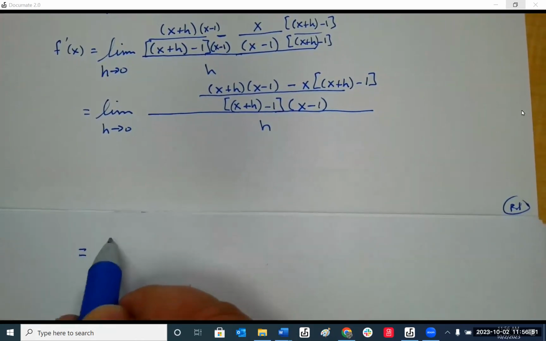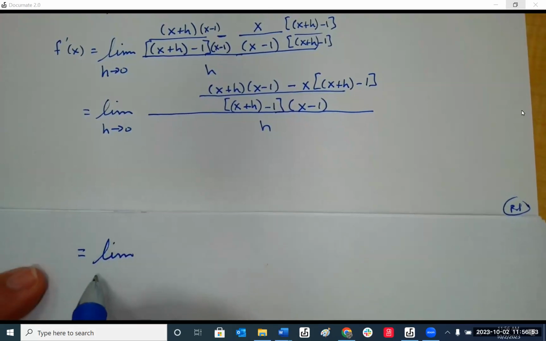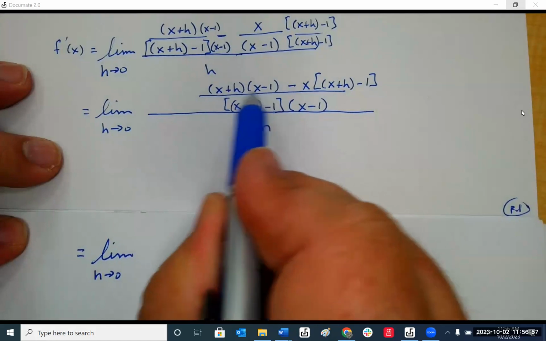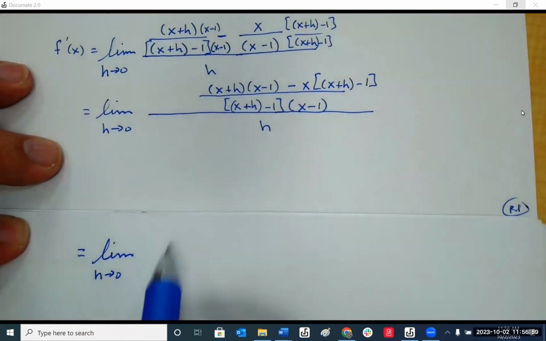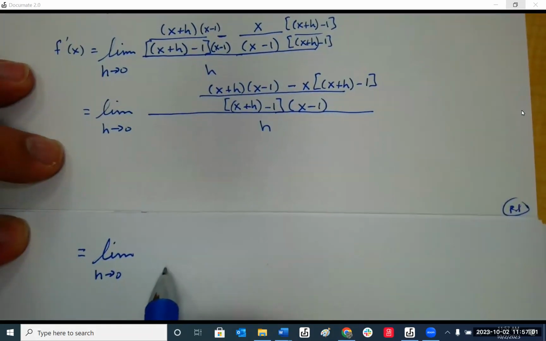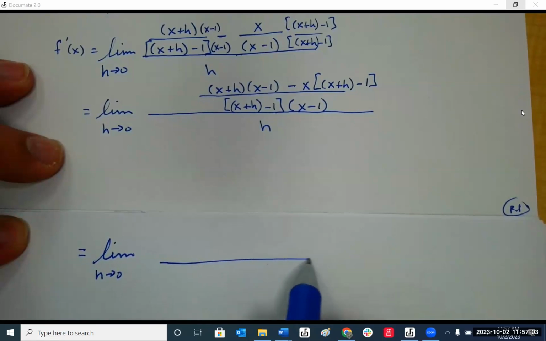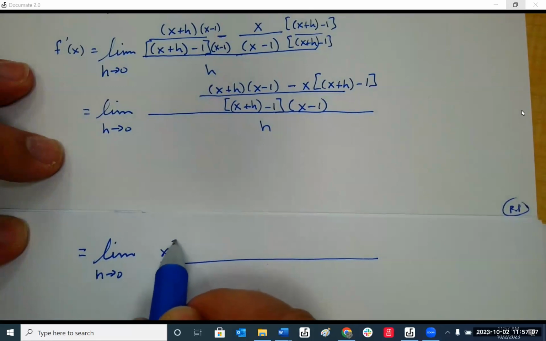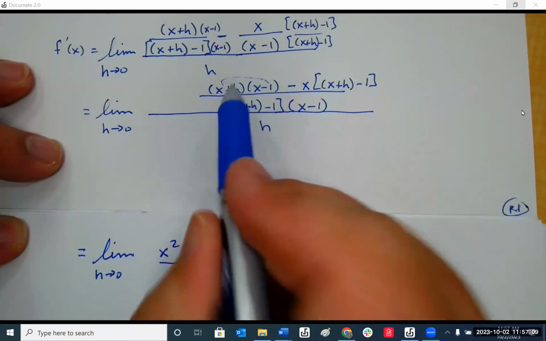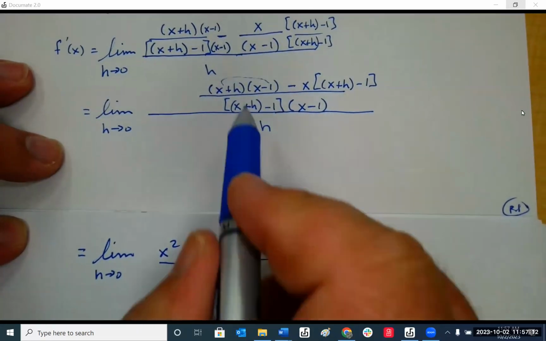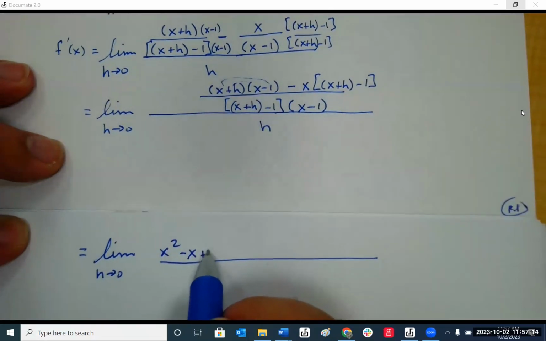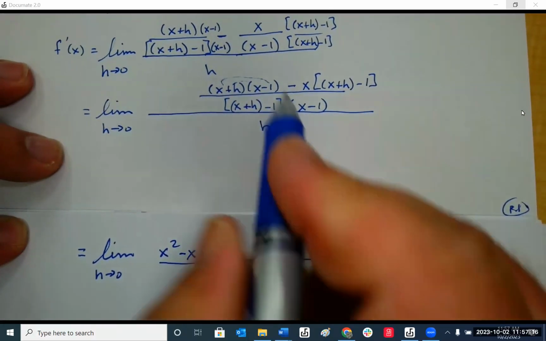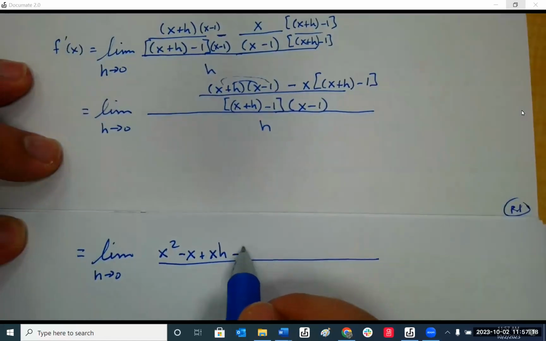So what we have to do here is FOIL these two. That gives us x squared minus x plus xh minus h.